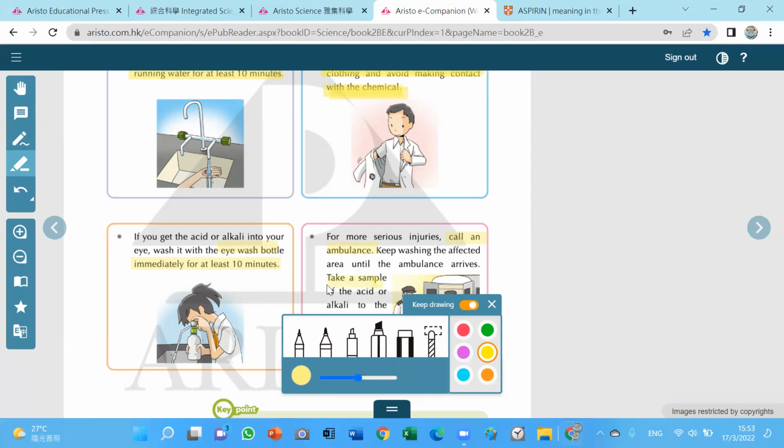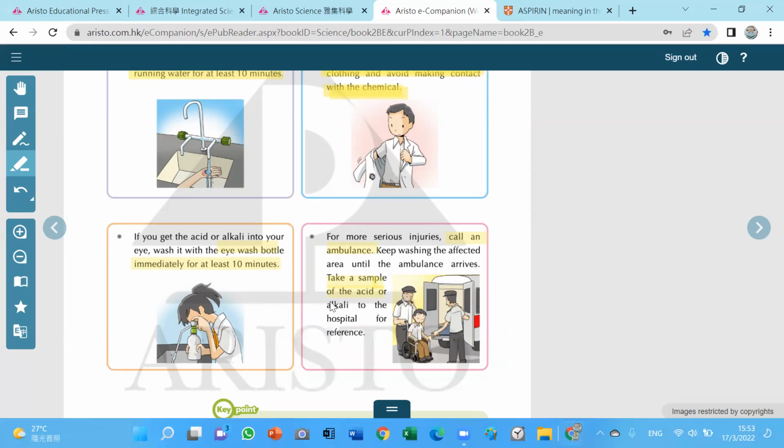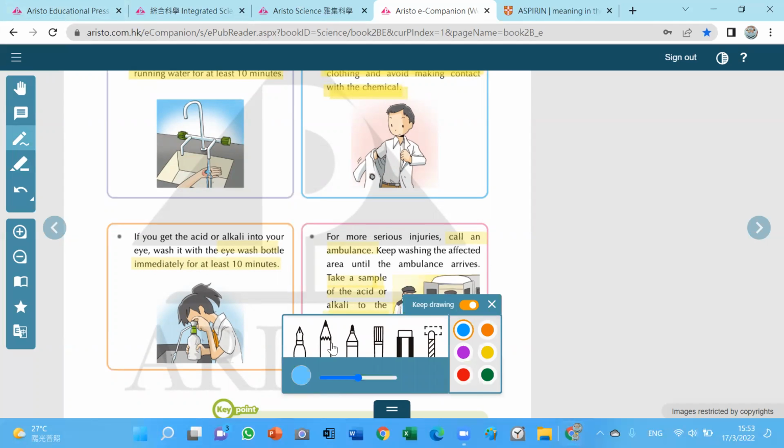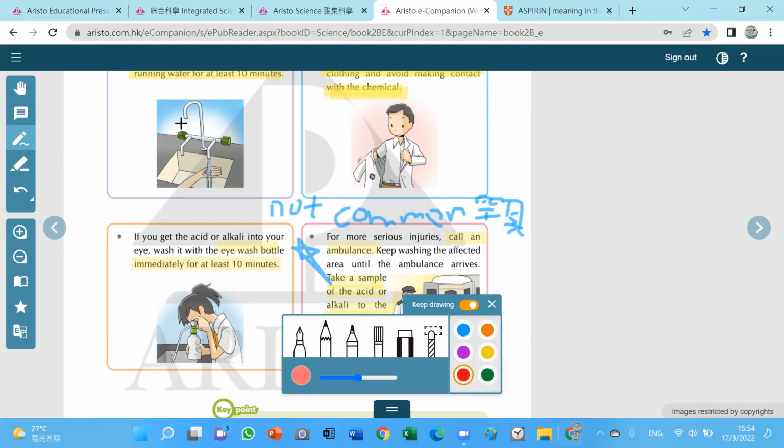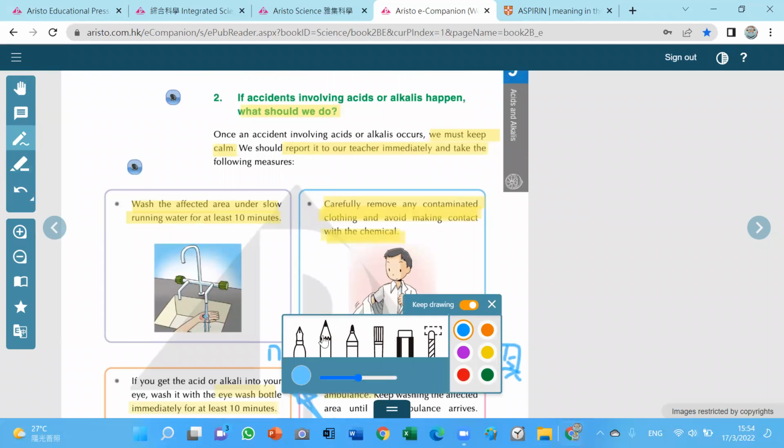Take a sample of the acid or the alkali to the hospital for reference. This is not common, it is rare. Unless it is a very serious accident, you need not go to hospital. For minor cases, just follow these three steps. Remember the following steps.